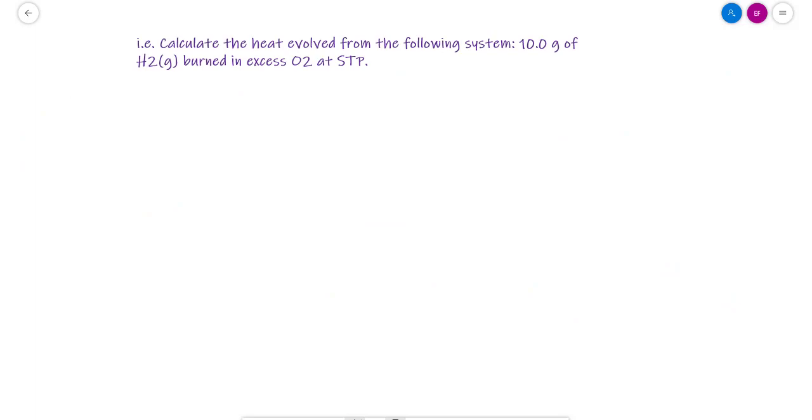So the question here is calculate the heat evolved from the following system, where you have 10 grams of H2 gas, hydrogen gas, burned in excess oxygen at STP. And STP is just shorthand that I use and most people use for standard temperature and pressure. All right, so that's telling us that we're going to be using the standard version of whatever the enthalpy change of the system is.